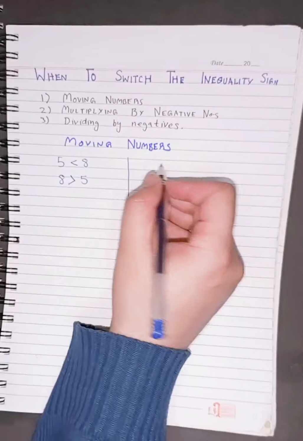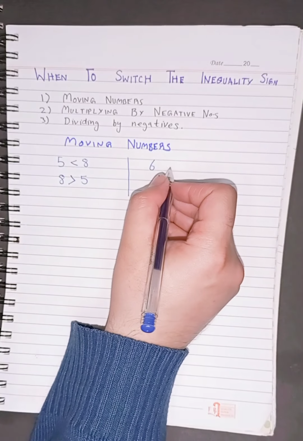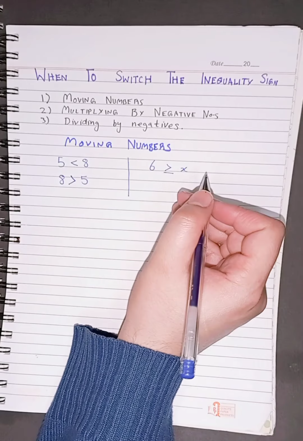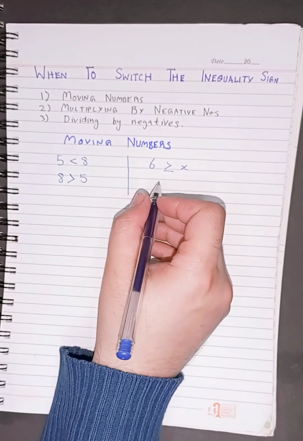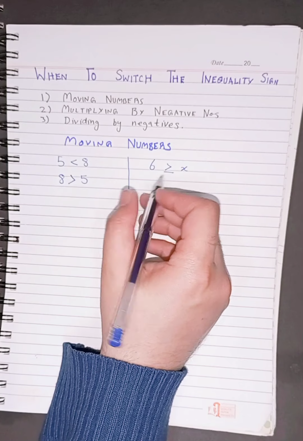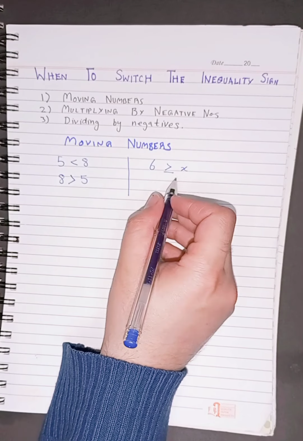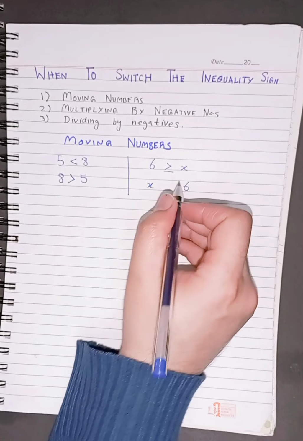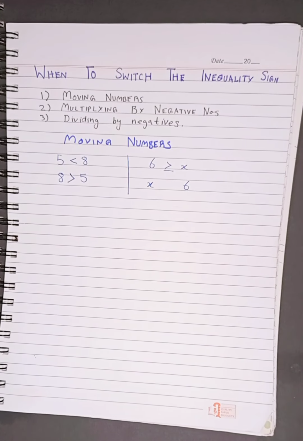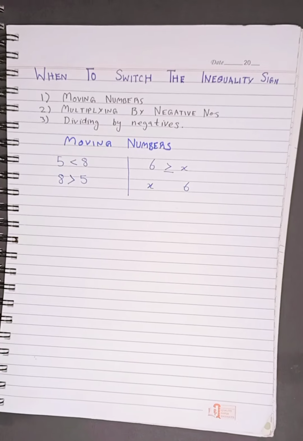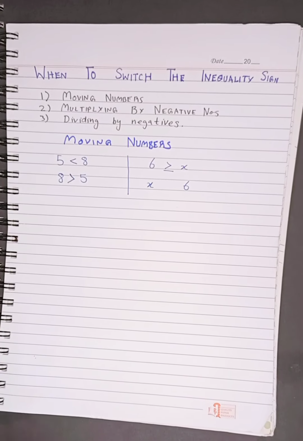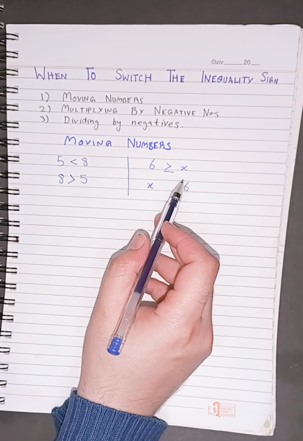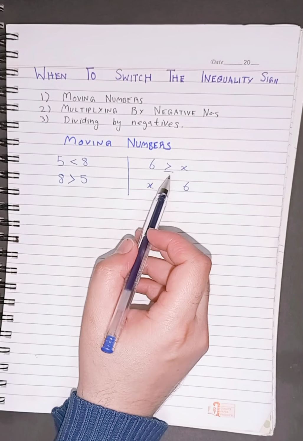For example, let's suppose 6 is greater than equal to x, and you want to change the positions like this. This moving numbers and changing the sign is used in these type of questions when you have a variable symbol and numbers.